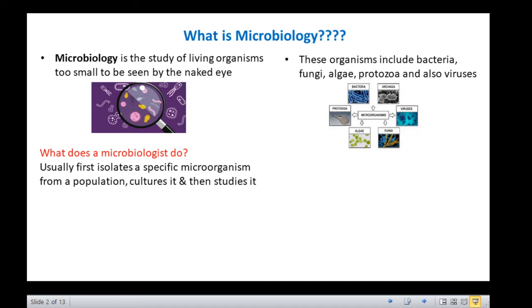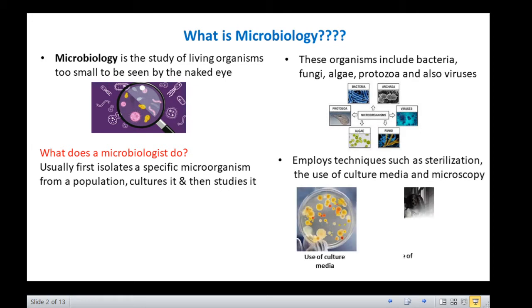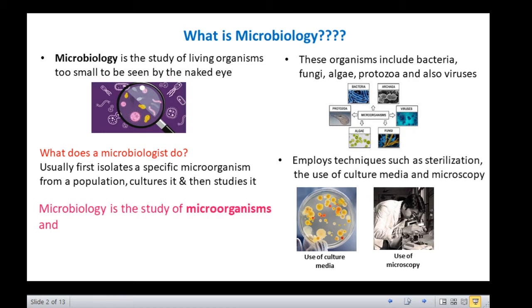Thus, microbiology employs techniques such as sterilization and the use of culture media and microscopy that are necessary for successful isolation and growth of microorganisms. Thus, we can define microbiology as the study of microorganisms and also the techniques required to study them.